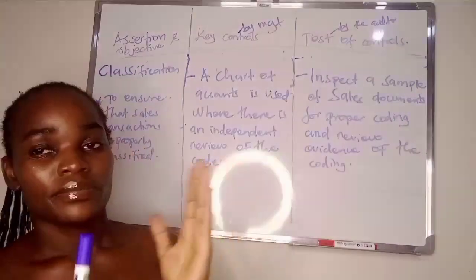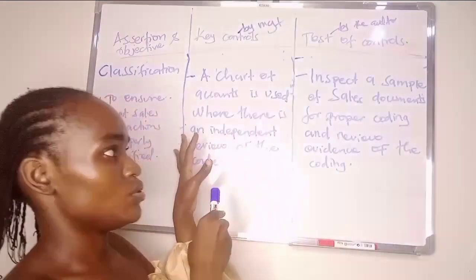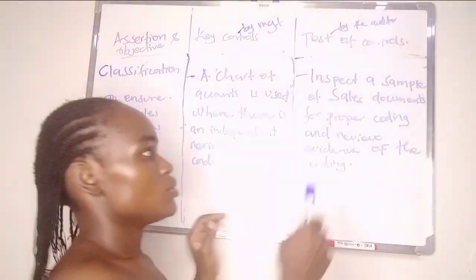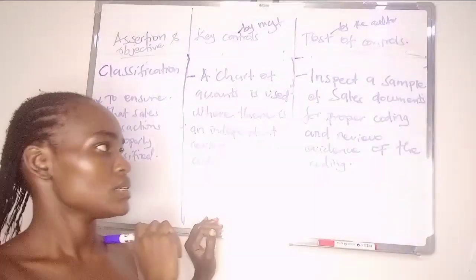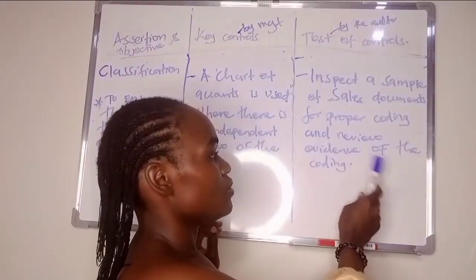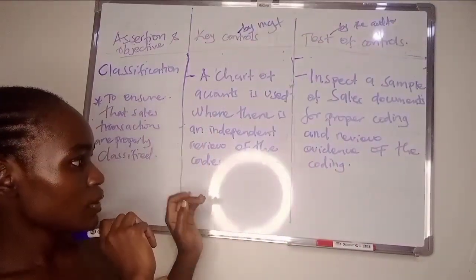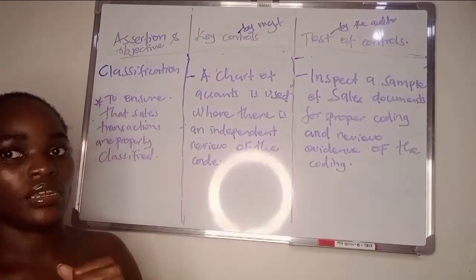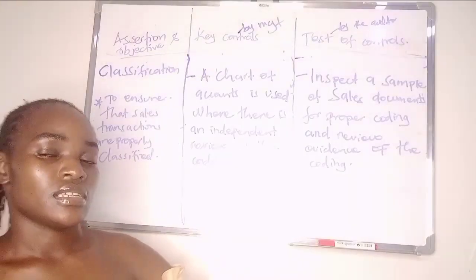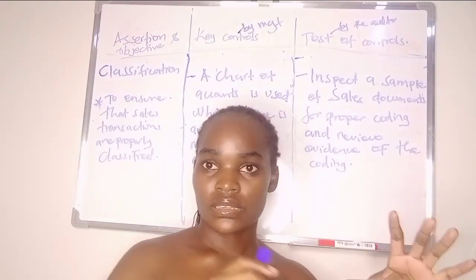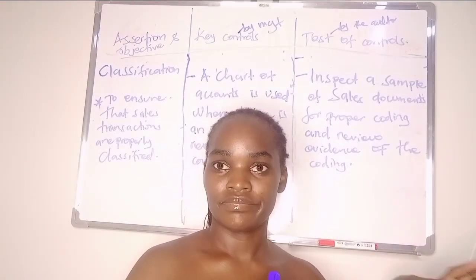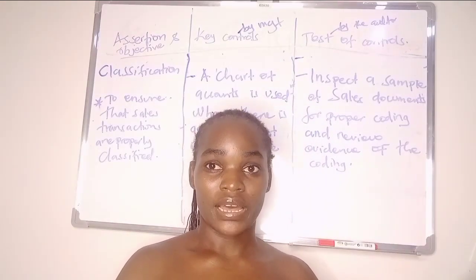So how can the auditor test this kind of control? The auditor is supposed to select a sample of sales documents for proper coding and review the evidence of that coding. The auditor can select a sample of cash sales if they say that these sales were made on cash.